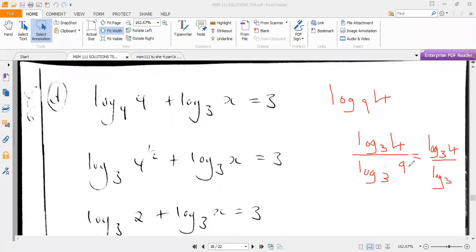We have noticed that the 9 can be written in this form: 3 to the power 2. So we have log base 3 of 3 to the power 2. Now, using that log principle, if you remember very well, it says that log base A of A to the power, let's say 7.